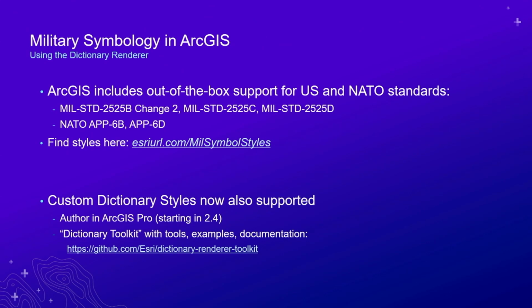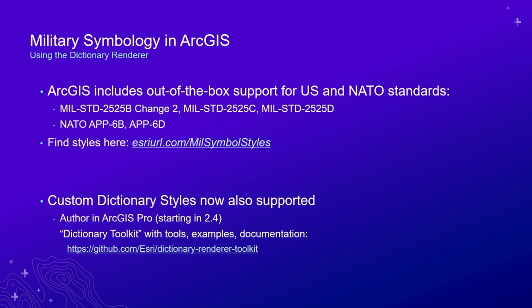Maybe if there's something that we need to fix, we can update the style with that. So the latest version is always available on this web page here, esriurl.com/milsymbolstyles. And we also have the past versions of the style if you're working with an older version of Runtime. So that's the place to go to find the styles, and you download them, and then that's a resource that's available to your app that you can use.